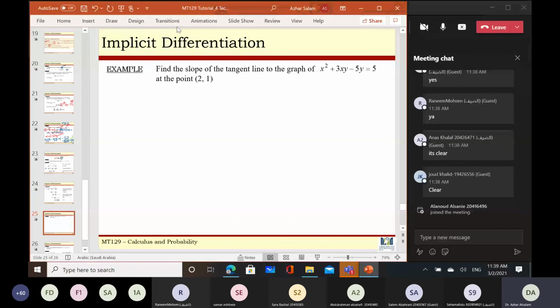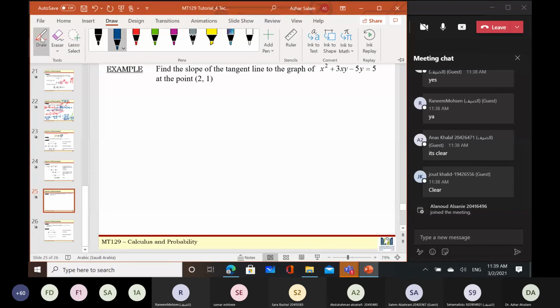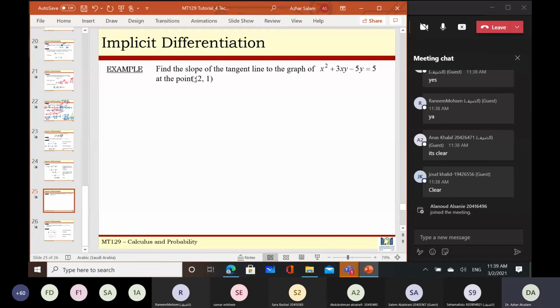I think I have only one example left. This is similar to the first example on implicit differentiation. Find the slope. When I ask you to find the slope, meaning to find what?